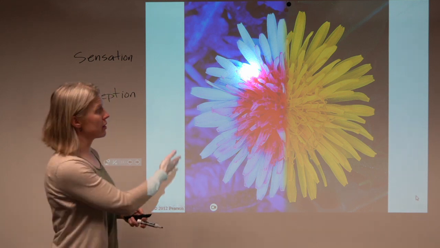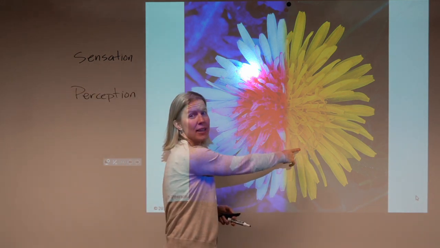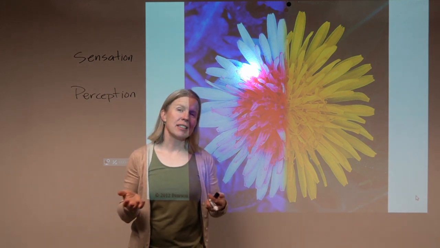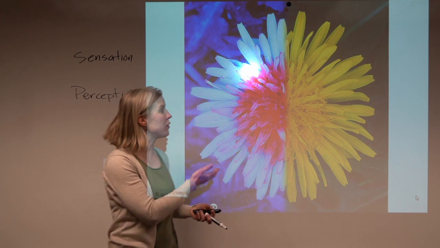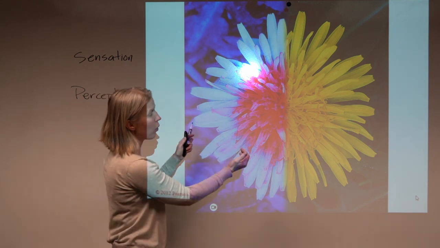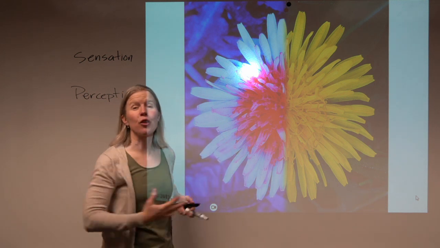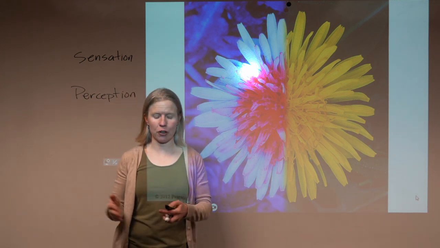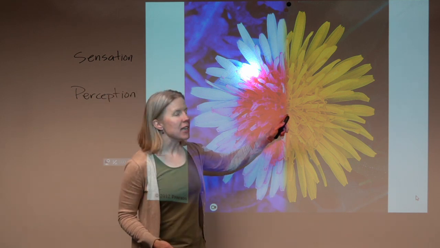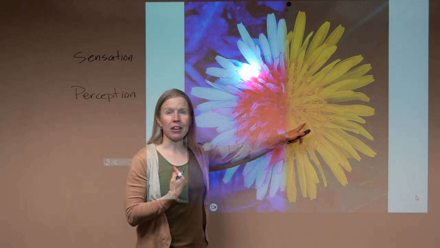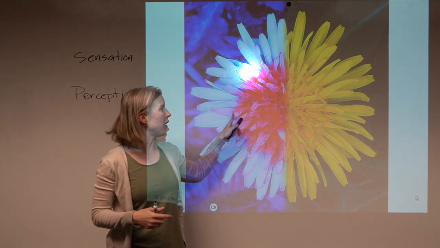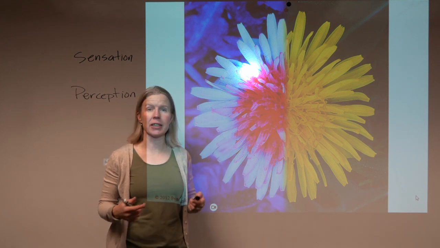Here's another one. This is a dandelion as we see it, and a dandelion as a honeybee sees it. Honeybees see into the ultraviolet, and in fact a lot of flowers, instead of being a solid color, have these more directed indicators of where the floral resources, things like nectar and pollen, would be located. So we perceive a solid yellow flower, even though in the ultraviolet there are several colors involved in this flower.